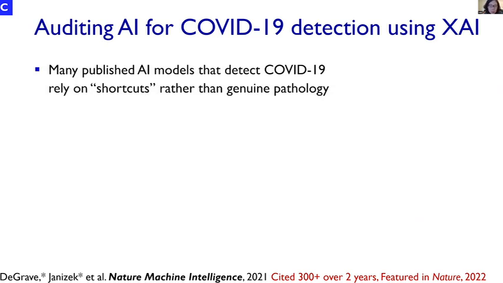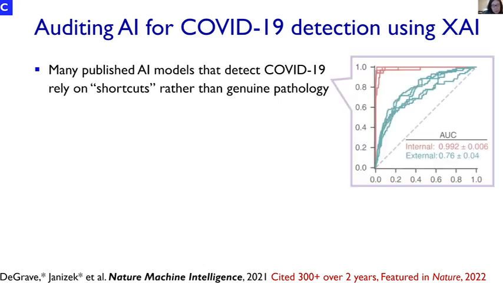In this study, we revealed that many published clinical AI systems to detect COVID-19 from chest X-rays learned shortcuts rather than genuine pathology. First, our results illustrated a potentially dangerous situation where the algorithm appears to be highly accurate within one data set.